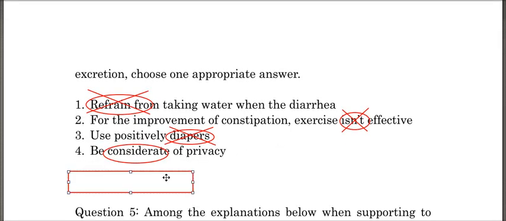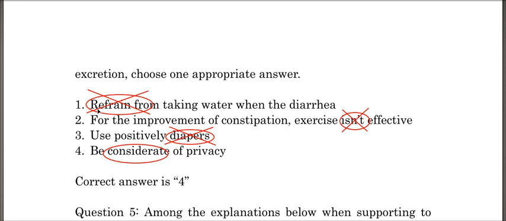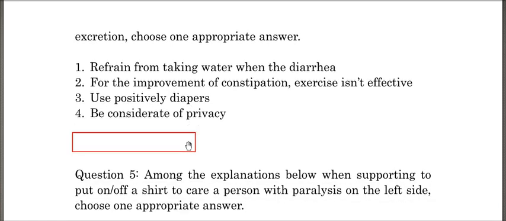You can see, refrain from is a bad, wrong answer. Isn't is a bad, wrong answer. Diapers, wrong answer. Considerate, very good answer, correct answer. This one is very easy, right? Answer is 4. Next.